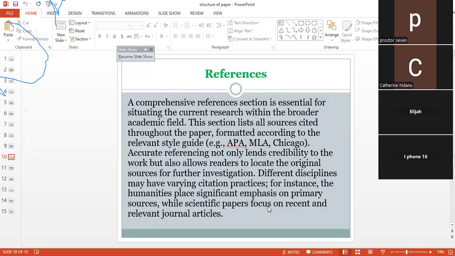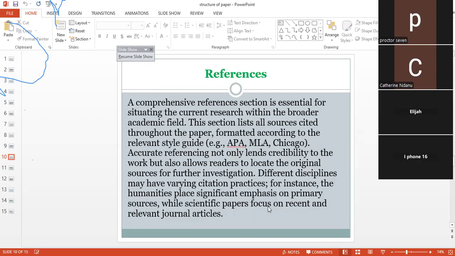The documentation style is either APA, American Psychological Association, or Modern Languages Association, or Chicago style. So there are different types of documentation styles. I think very soon we will look at those documentation styles. You have a section where you list all the works cited from, and that's what we call the references.